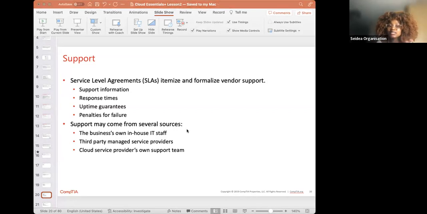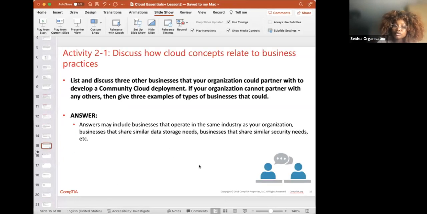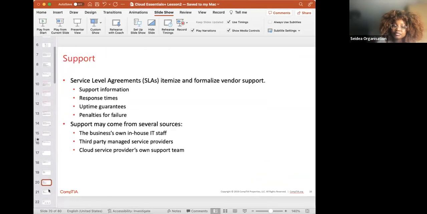Now, when you're looking at skills possessed by cloud support technicians who might be needed, you're looking for someone who has a comprehensive understanding of your provider's offerings and someone who has expertise in areas such as storage, database, networking. So you need someone with expertise when working with cloud.